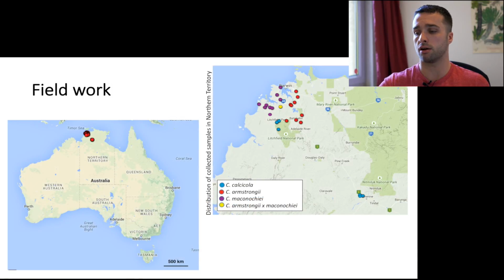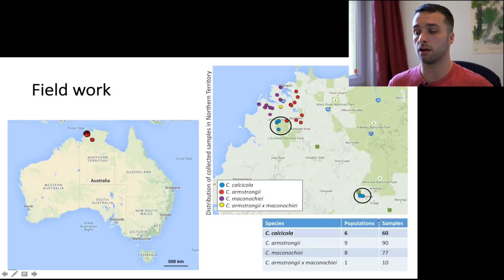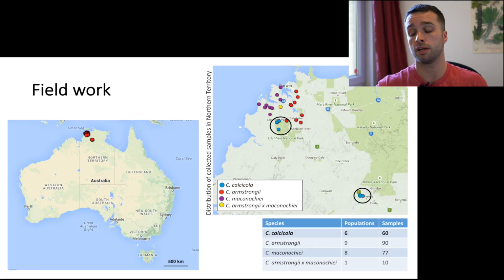The fieldwork itself was conducted in the Northern Territory, out of Darwin, and we captured populations in Litchfield National Park, which you can see here, and in the Katherine region. For Cycas calcicola we captured a total of 6 populations, 60 individuals. We were aiming for 100, but this species was far more scarce in the wild than we hoped.